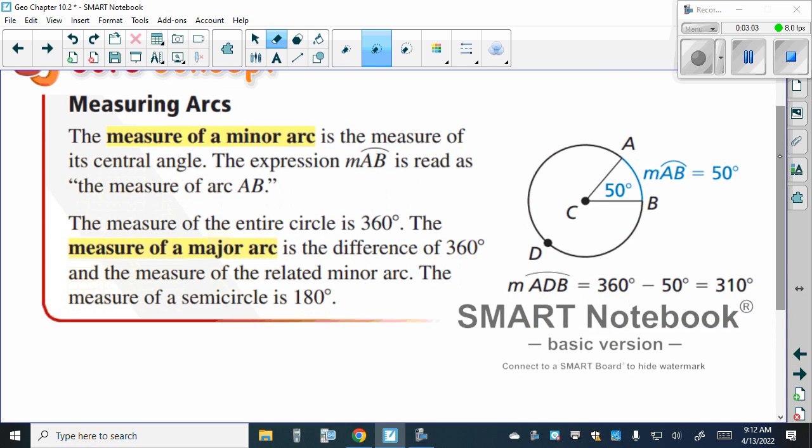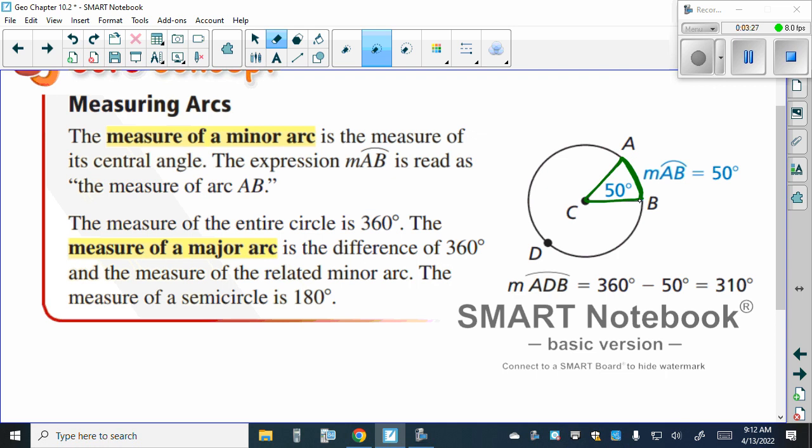The measure of a minor arc is the measure of the central angle. So if we have an angle whose vertex is the center, whatever the degree of that angle is, it's the same as the degree of the arc. Since the central angle here is 50 degrees, this arc is 50 degrees. So from A to B is 50 degrees. Well, we know what a circle is.